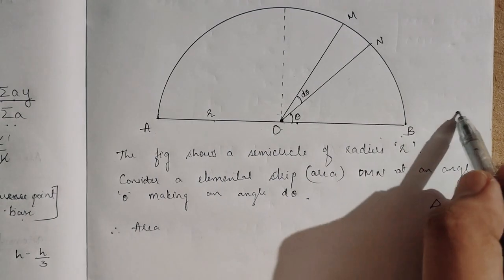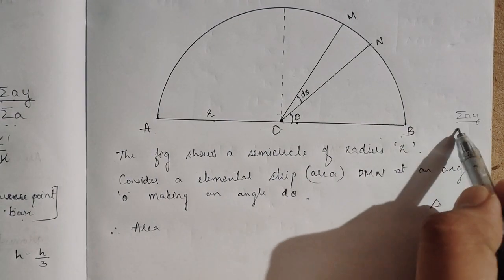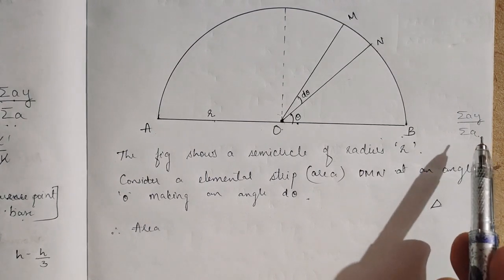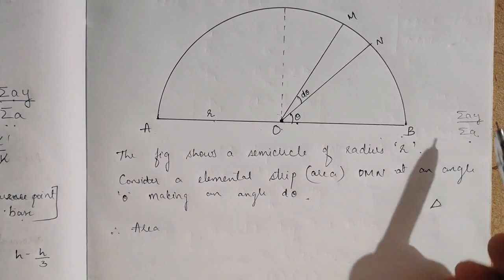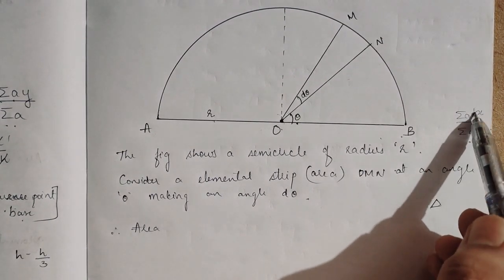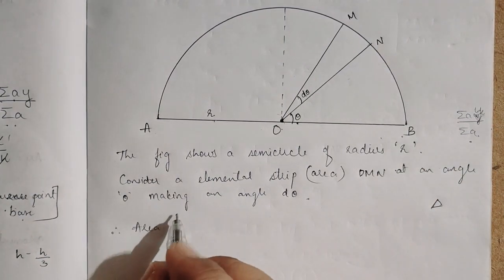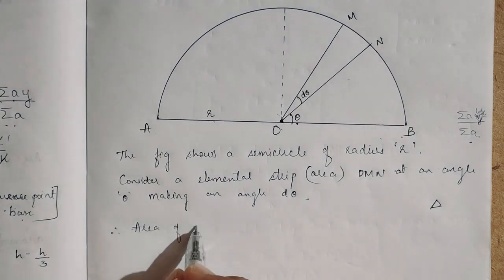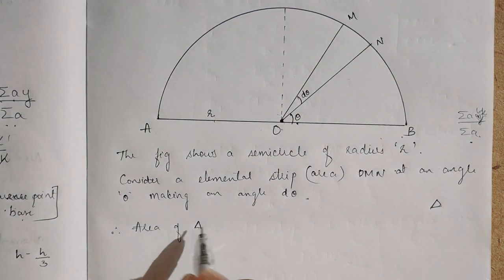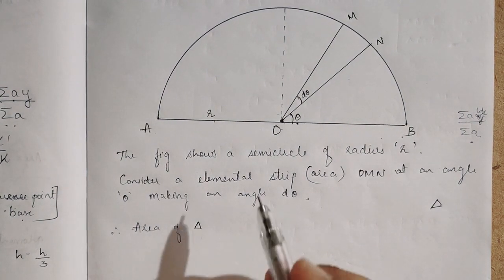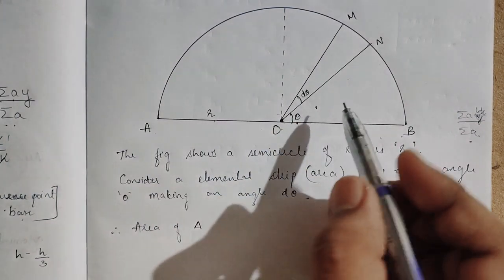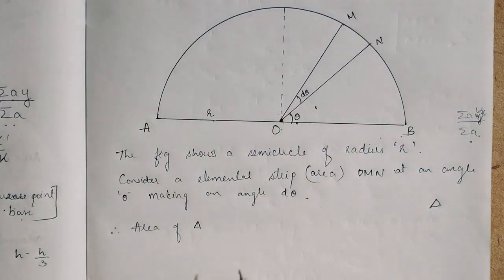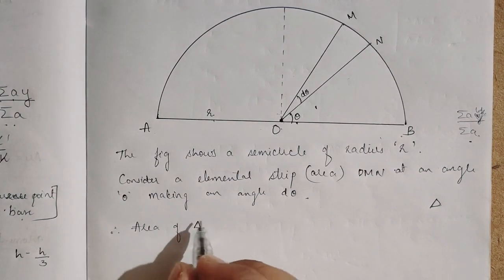Finally I want sigma AY by sigma A. We have to come to this situation, either it is X or Y. I'll consider this as a triangle, because the elemental strip is so small. Here we enlarged it, but it is so small that the curvature will not be taken into consideration.